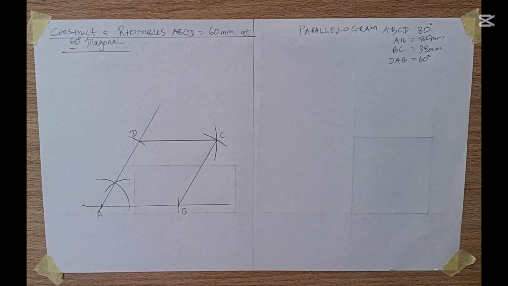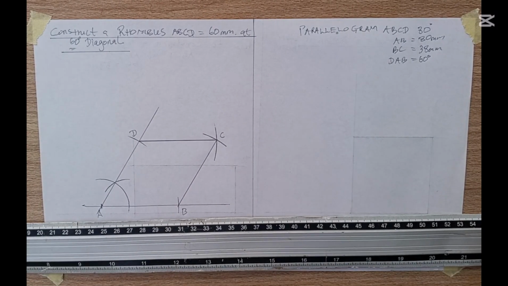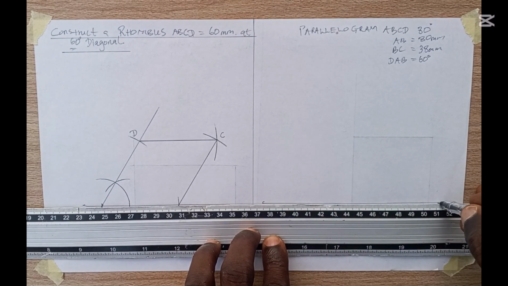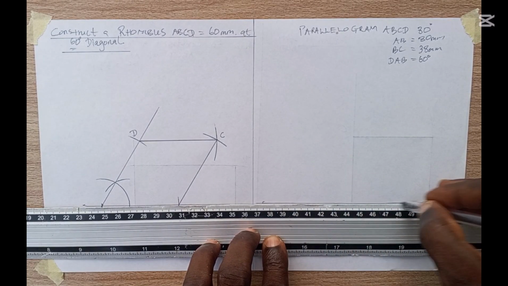So what do? You know, the parallelogram is more or less like a slanted rectangle. Yes, a slanted rectangle. So let us take this. You draw a horizontal line again. Let this be the horizontal line. Can you see that?